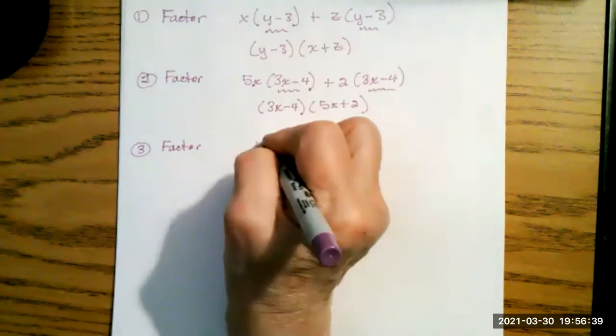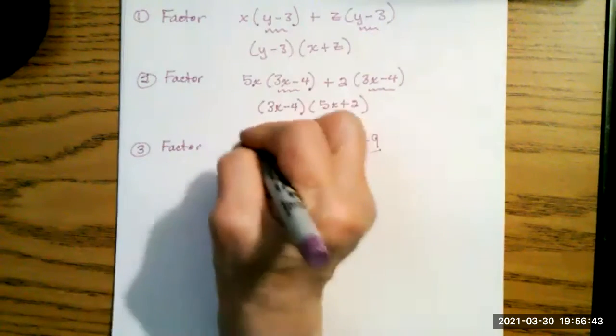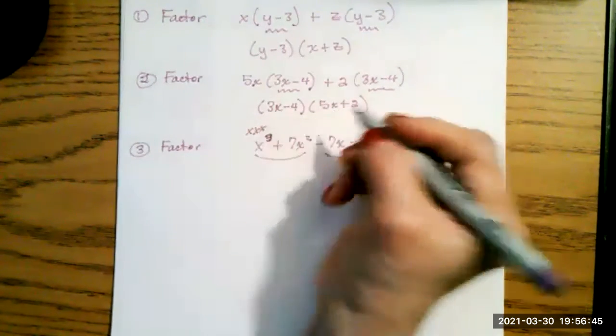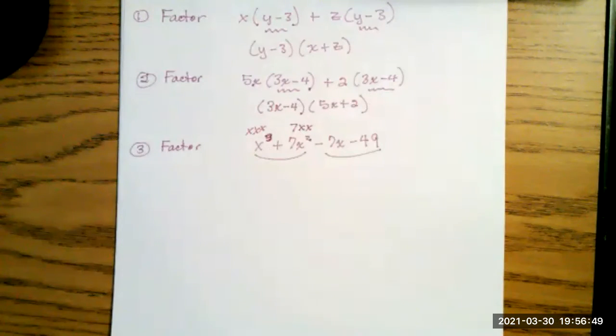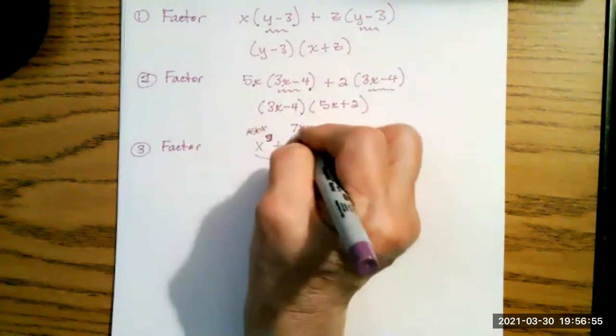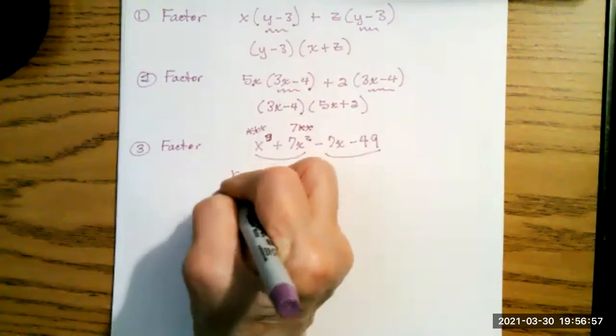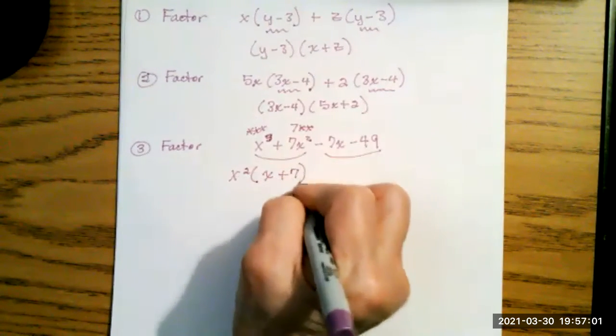So it looks like they have in common 2 x's. So you can take out an x squared and you'll have an x plus 7.